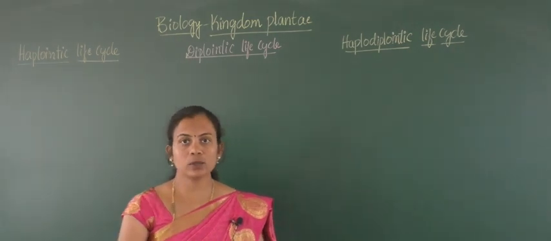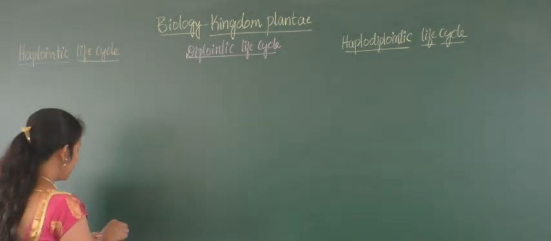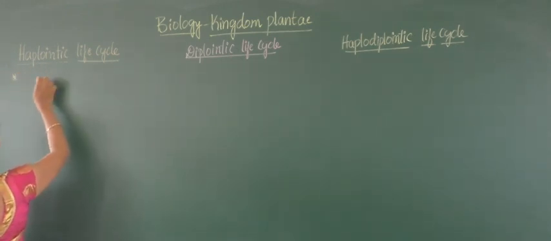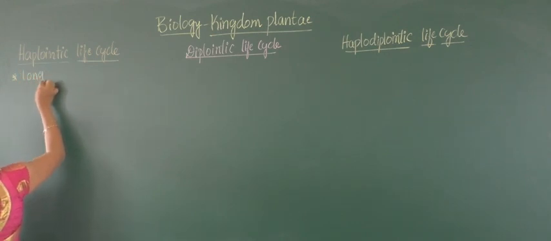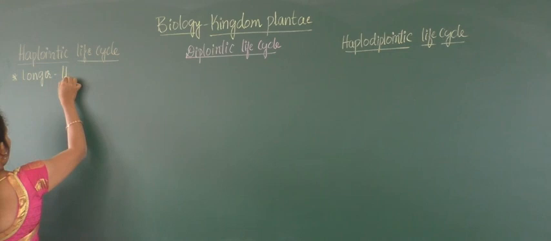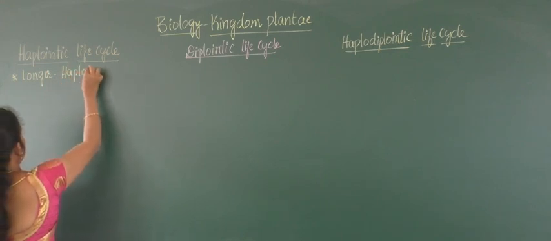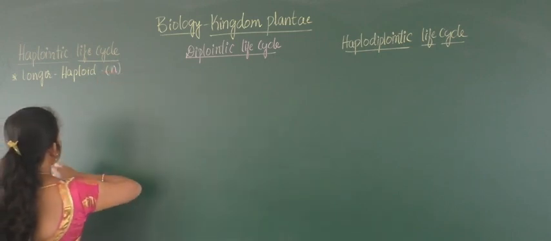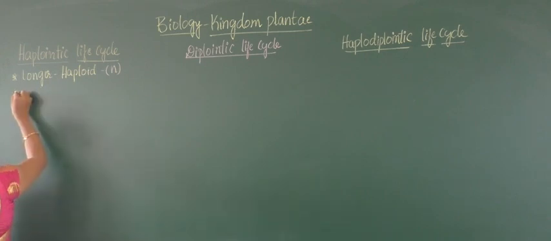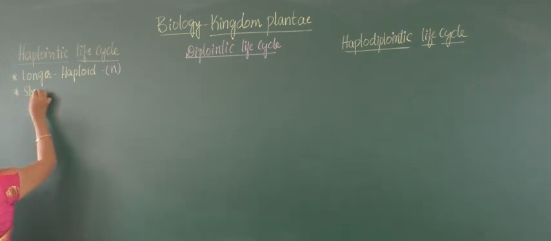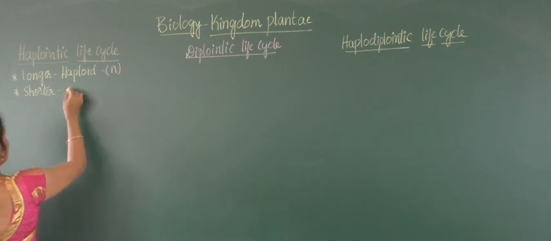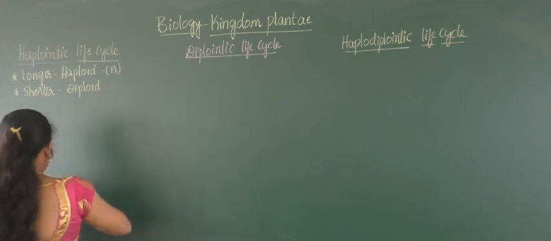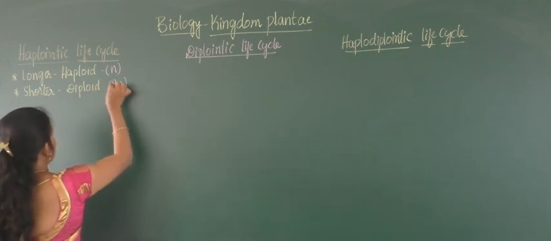Before going directly to the haplontic and diplontic life cycles, you need to understand the shorter and longer periods. In the haplontic life cycle, the longer period will be the haploid stage. The plant shows the n condition, and the shorter period will be diploid, that is the 2n stage.